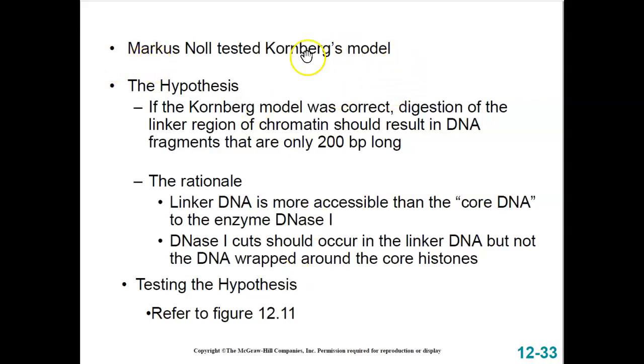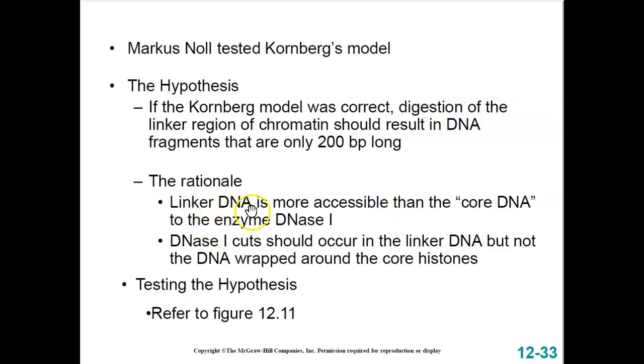Now, Marcus Noel came along a little bit later, in the later 70s, early 80s, and he tested Kornberg's model with more detail. What he was looking for was digesting the linker region with an enzyme that should give you fragments that are really short, about 200 base pairs long, because they hypothesized that the nucleosomes would have pieces of DNA on it that were about 200 base pairs long.